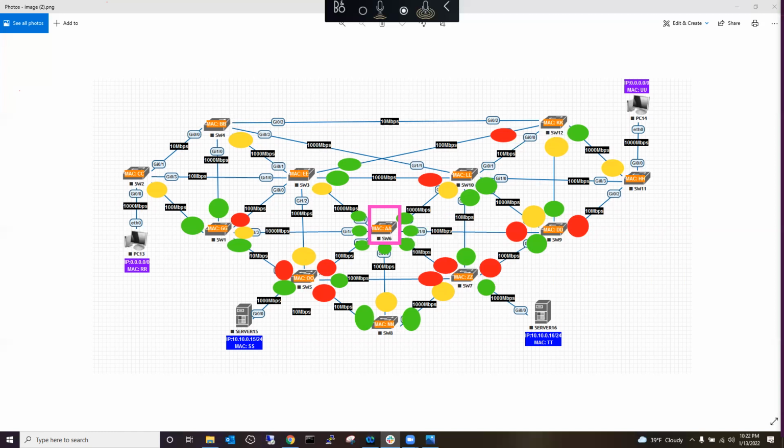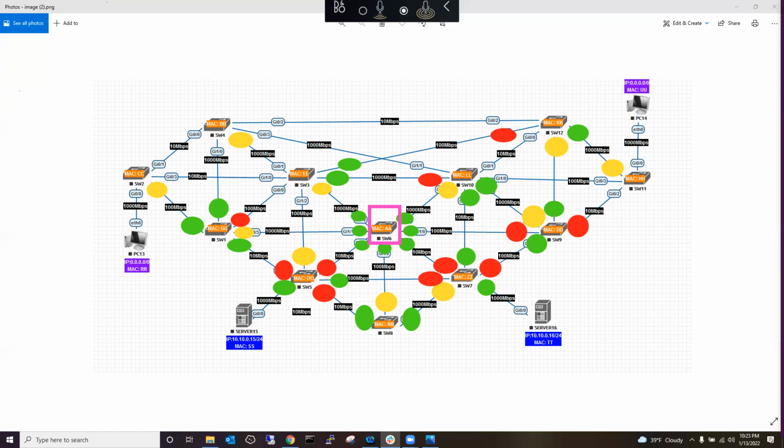Hold on. What about the first criteria? Who has the lowest cost to switch 9? Lowest cost would be 12 and 10. It will be 10. Really? Because that was the gig. But what about switch 12? Isn't that a gig as well?